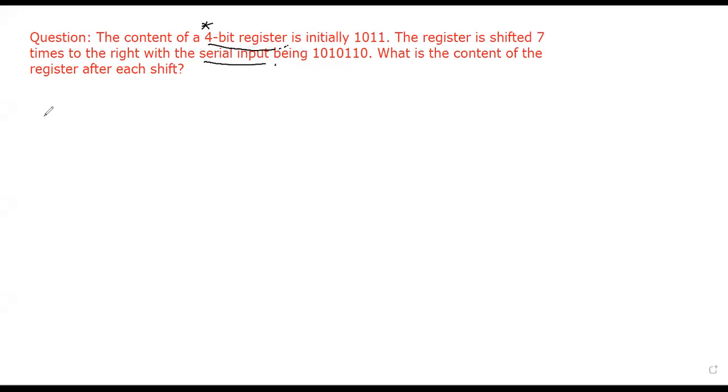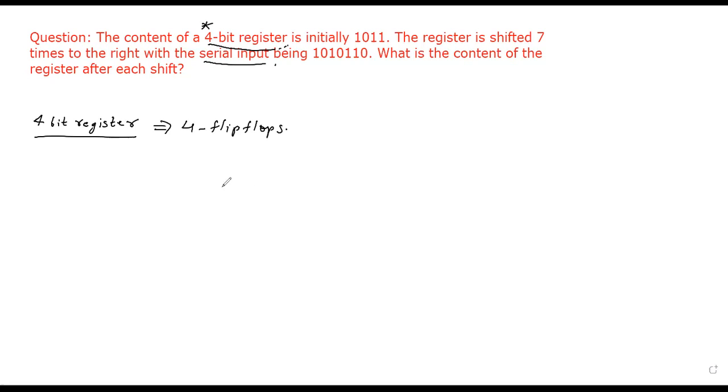When we talk about a 4-bit register, that means we need 4 flip-flops. So we'll try to understand this problem in terms of 4 D flip-flops.